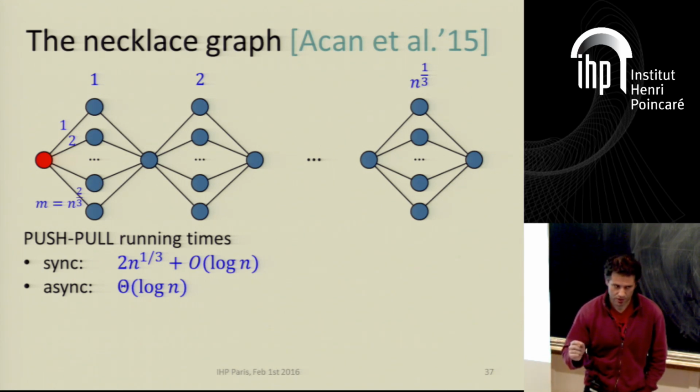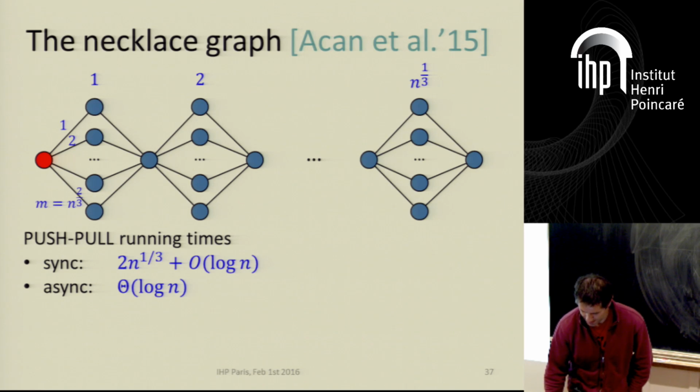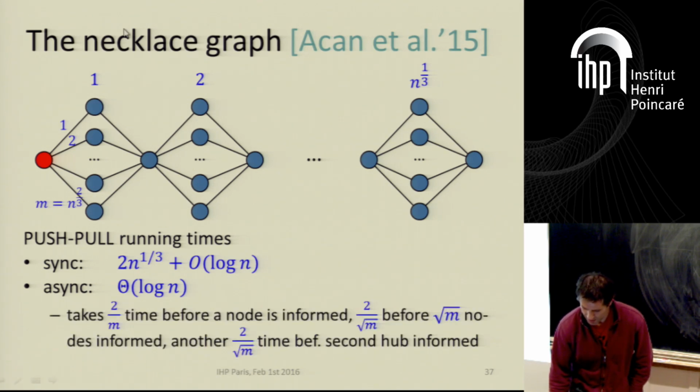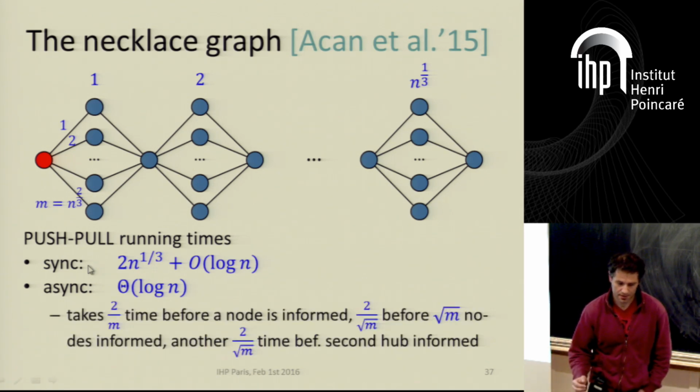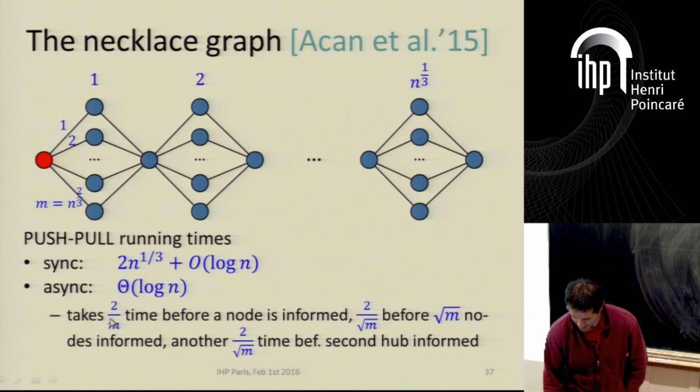exponential random variables with mean 2, which is again an exponential random variable with mean 2 over m. So it takes in expectation 2 over m time before the first of these nodes gets informed, and then after square root of m times this, which is 2 over square root of m, we have square root of m informed nodes here.